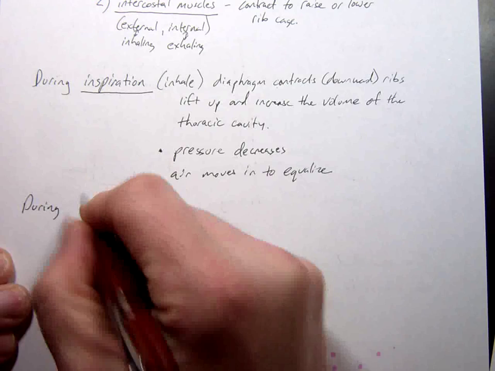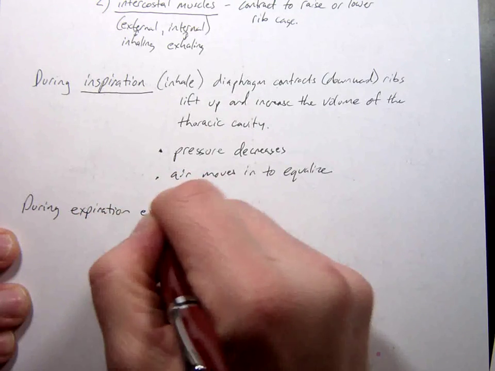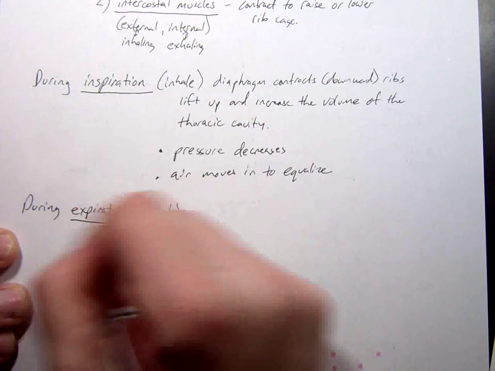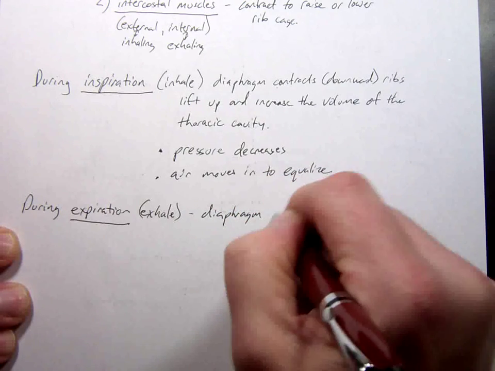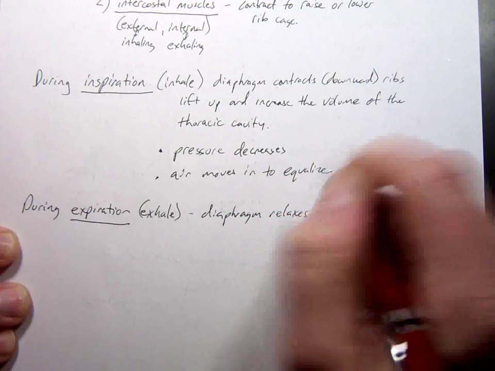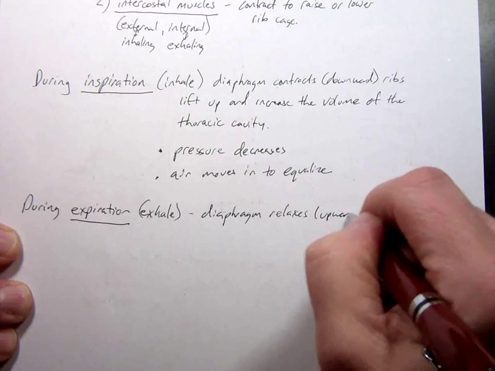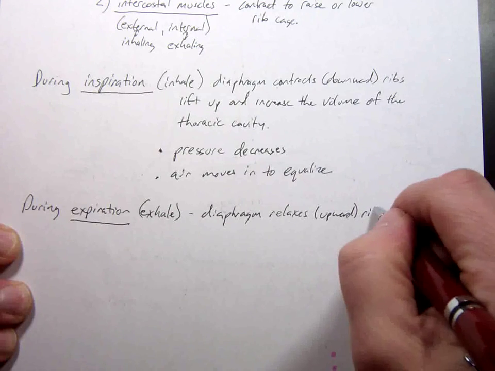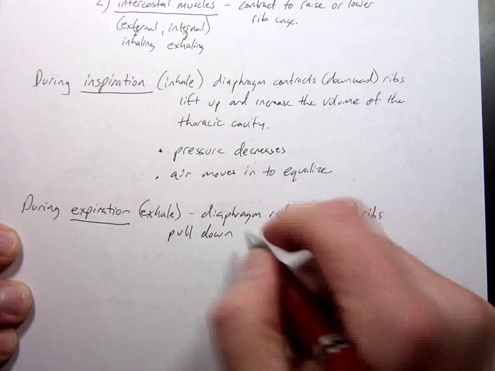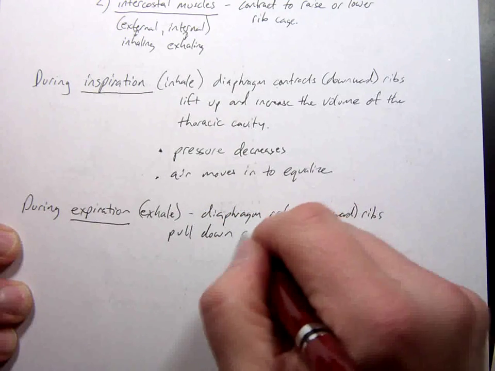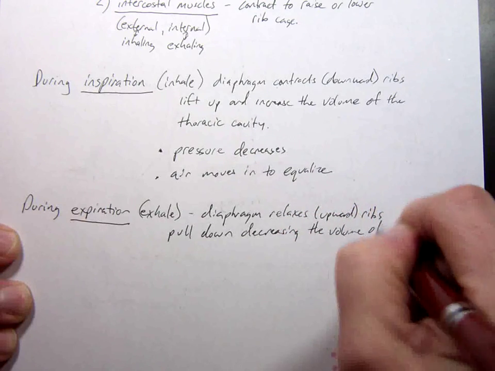During expiration, or exhaling, diaphragm relaxes, ribs pull down, decreasing the volume of the thoracic cavity.